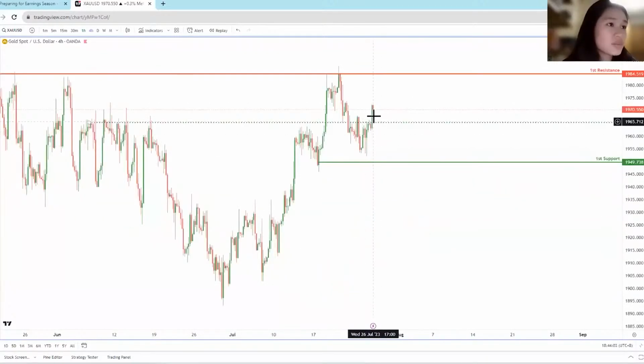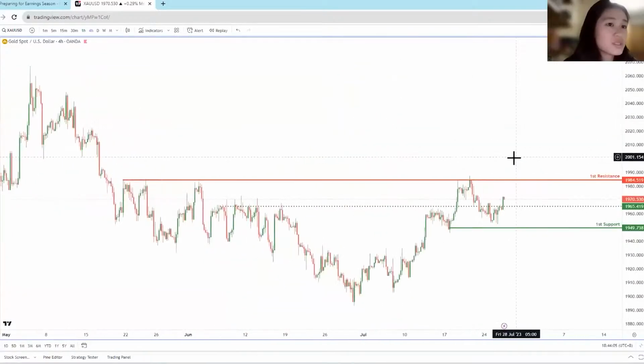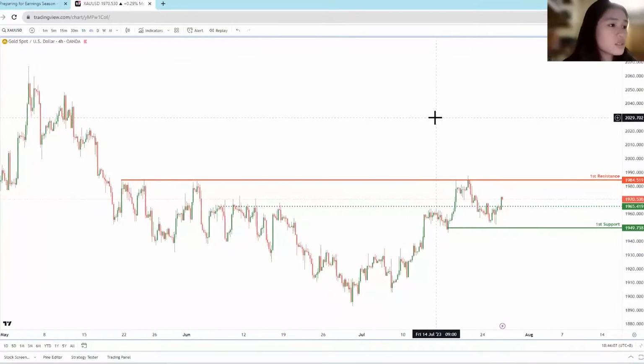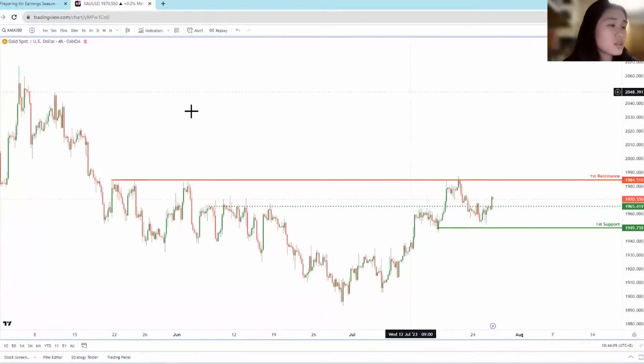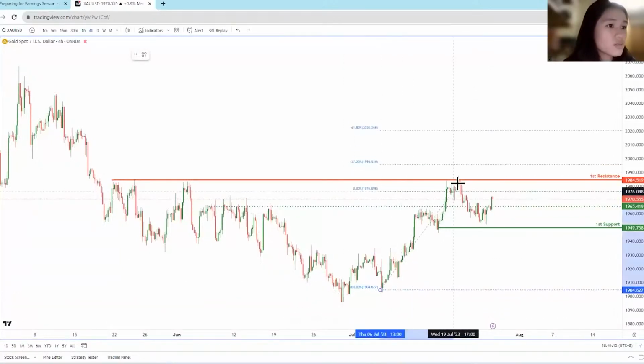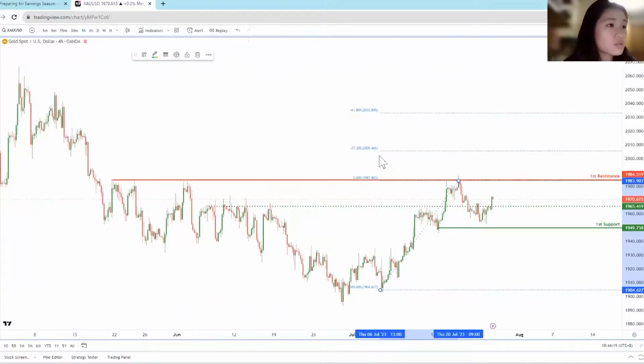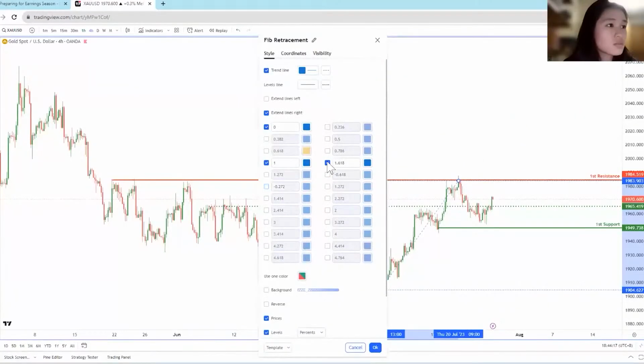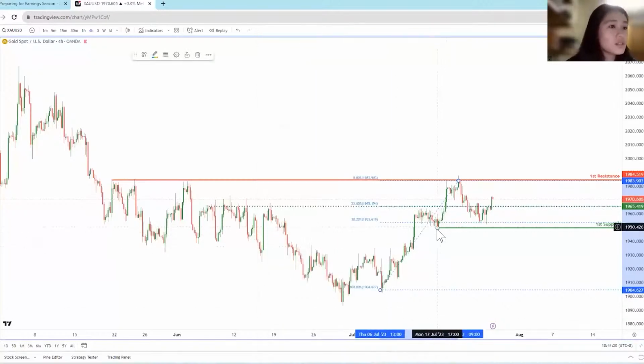So we're likely seeing a buy towards our first resistance over here. Okay, let's see if we have any Fibonacci levels. Okay, my 23.6 and 38.2 line up nicely.